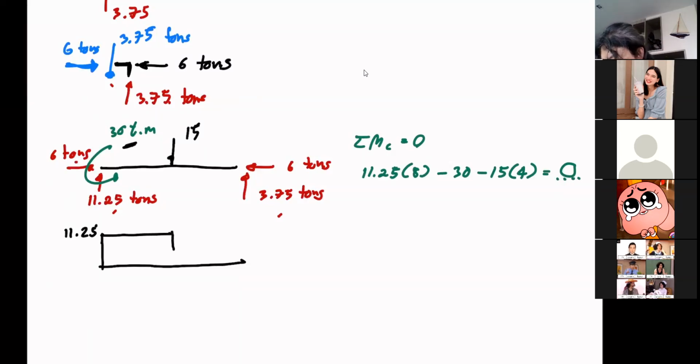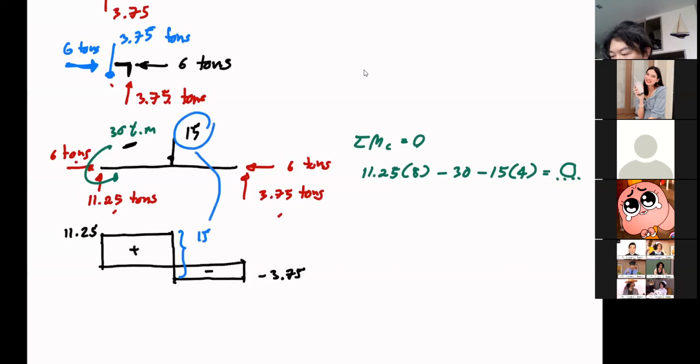So it drops down 15 to minus 3.75. This area is positive. This area is negative. And of course, you guys should know now that this better be 15 to show that there is a sudden change of load at this location.